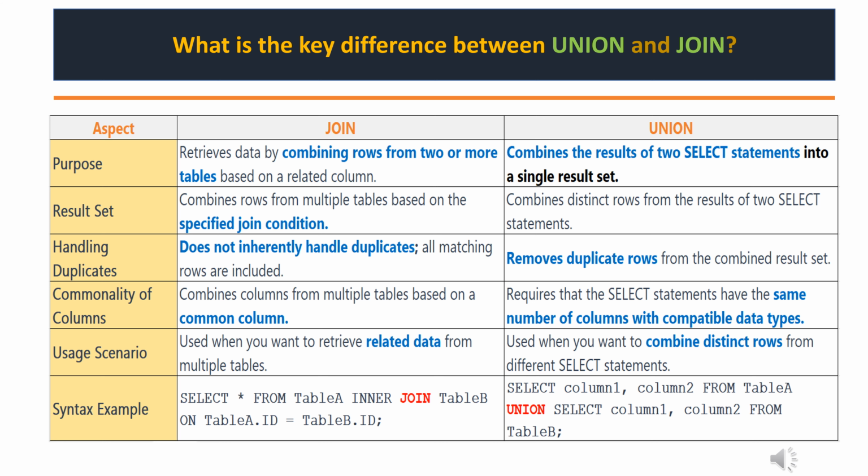In practical terms, join is used when you want to retrieve related data from multiple tables. But union is used when you want to combine distinct rows from different select statements. And the syntax you can see here: in the case of join, we use the on condition for the specified join condition. And in the case of union, we give two different select statements and combine the results with a union.